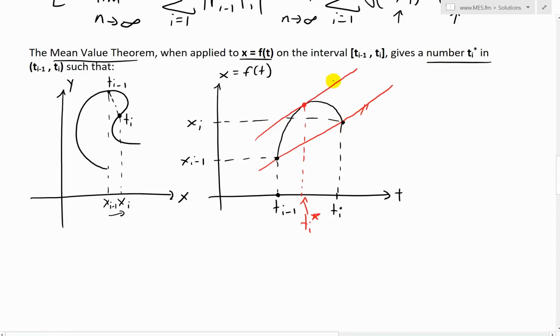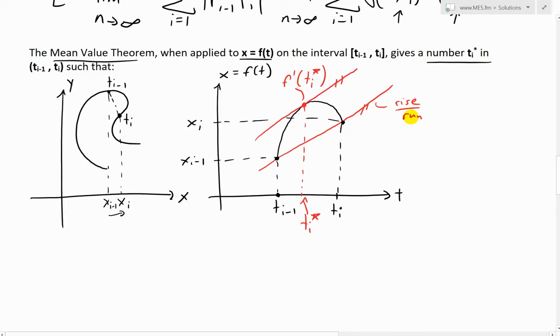So these are parallel slopes. At this point here, this is our f prime of t_i star. That's the derivative there. And this one here is just rise over run, the average slope, like I've gone over before.